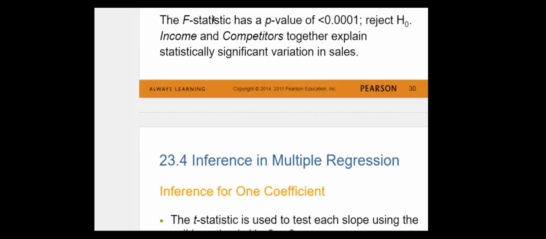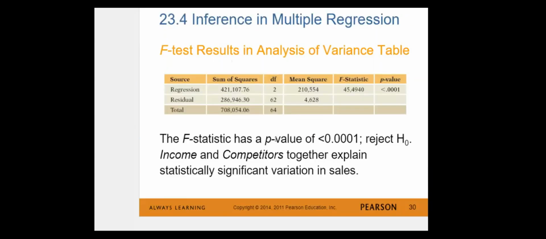So the F statistic or F test has a p-value less than 0.0001. We reject H0. Income and competitors together explain a statistically significant variation in sales. So what F tests help us to understand is the inference in multiple regression: the multiple regression model as a whole.